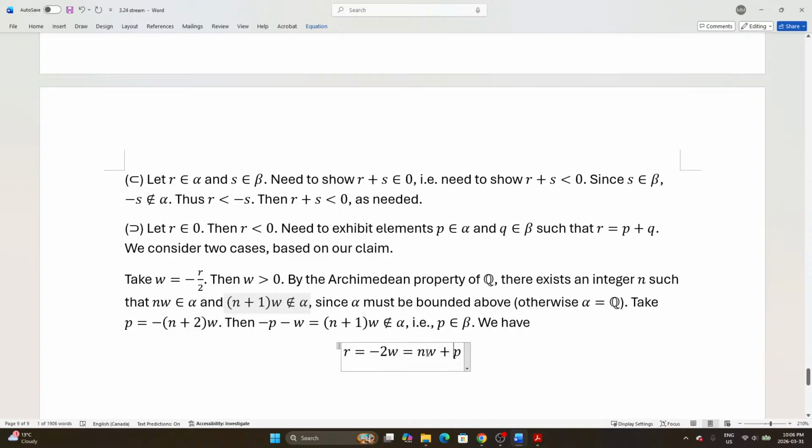So r is nw plus p. nw is in alpha and p is in beta. So we're done.